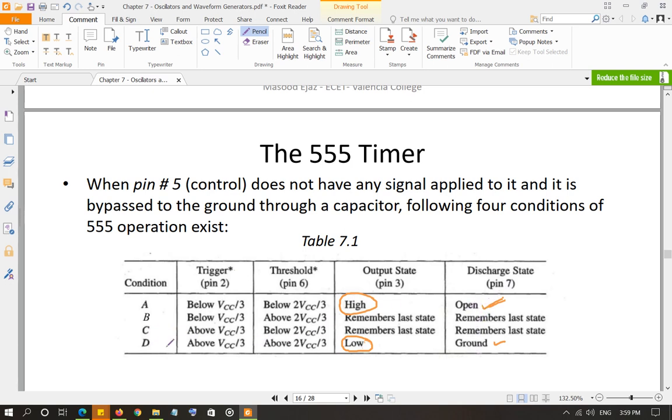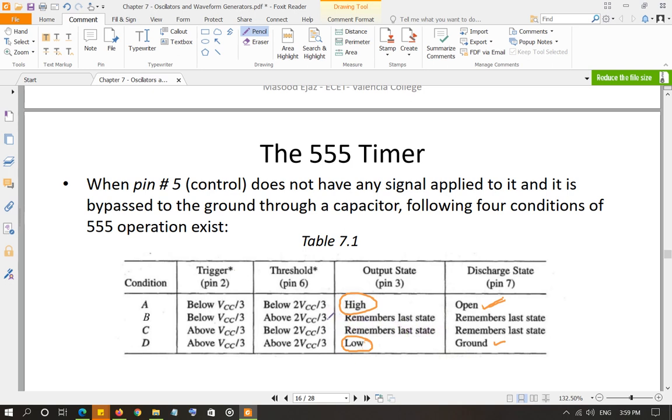And likewise, condition C is if pin number 2 is above VCC by 3, the output of the lower comparator will be low, negative VSET or 0, and pin number 6 is below 2 VCC by 3, then the output of the upper comparator will also be low or negative VSET. Then once again, it will remember the last state, right?